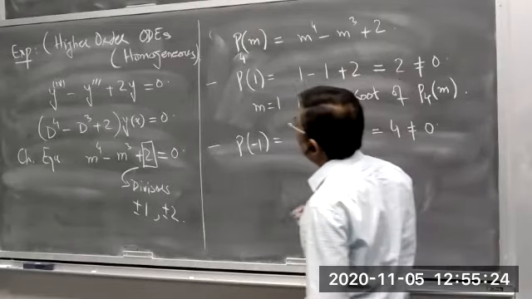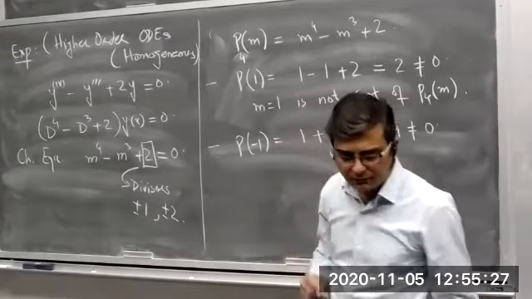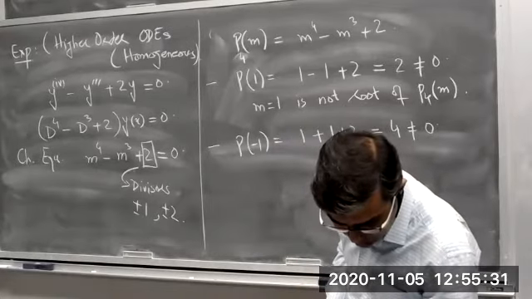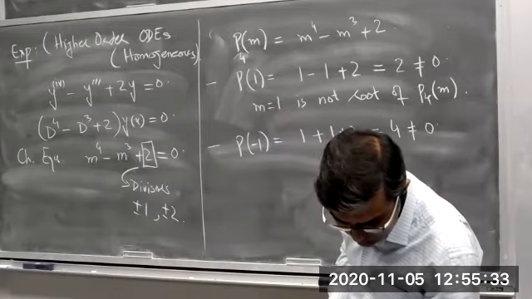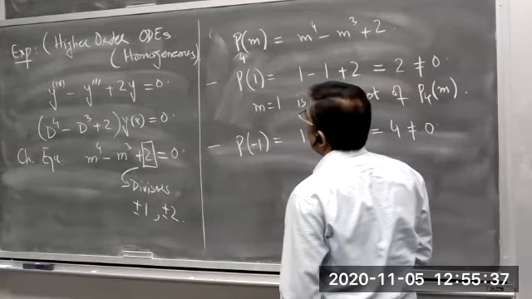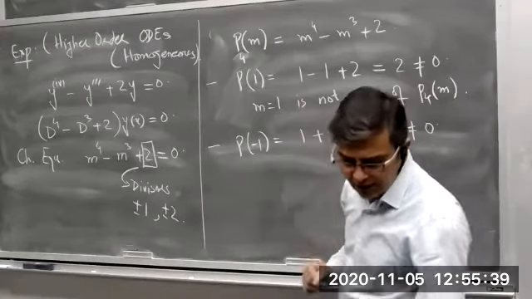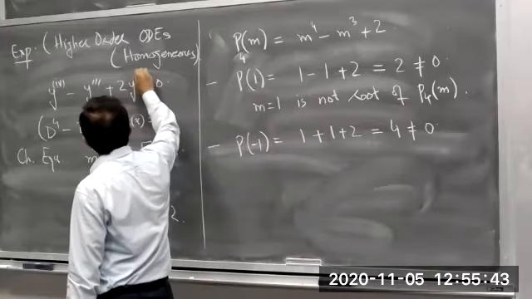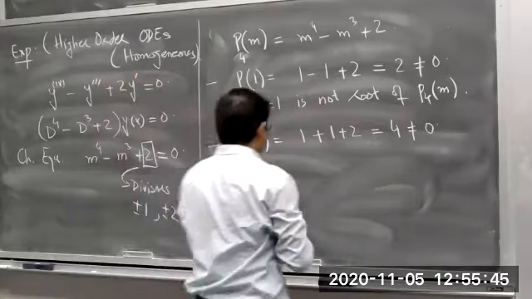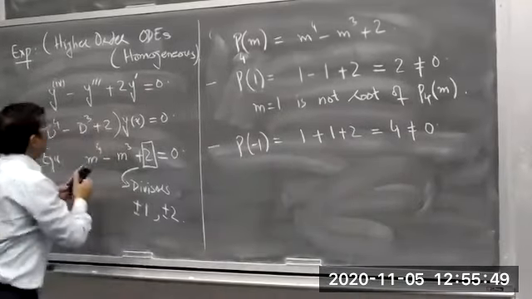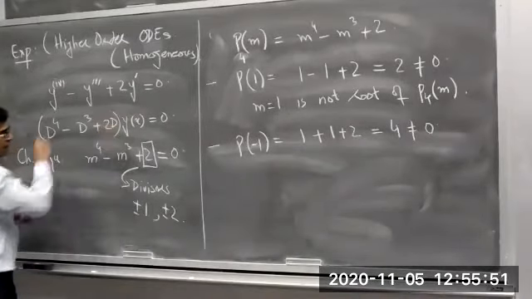Wait a second, there is a mistake in this equation. Here you have y dash, not y, so you will also have 2m.